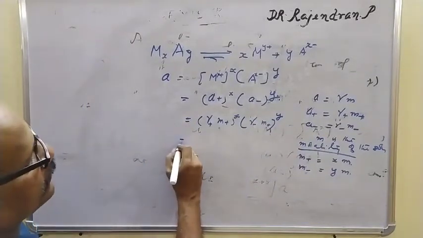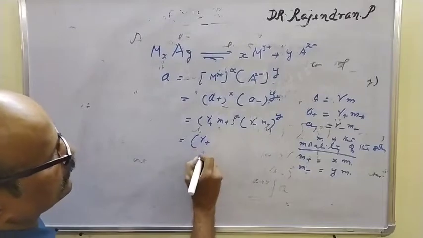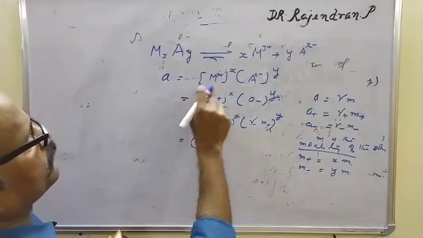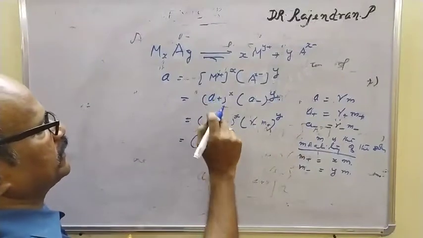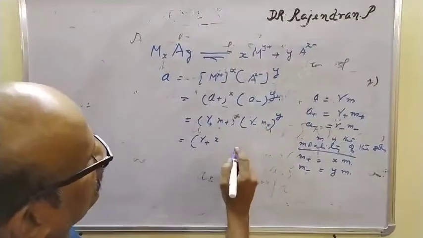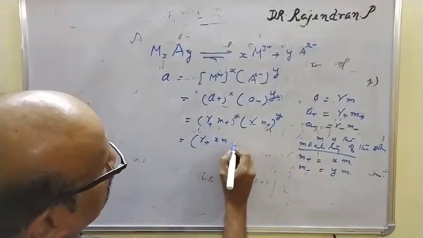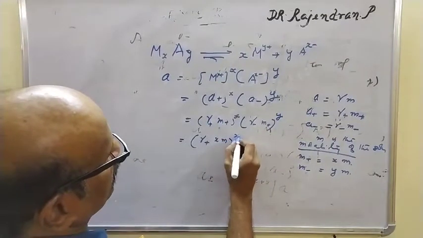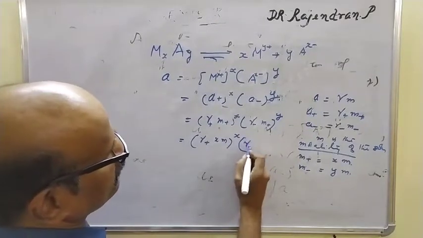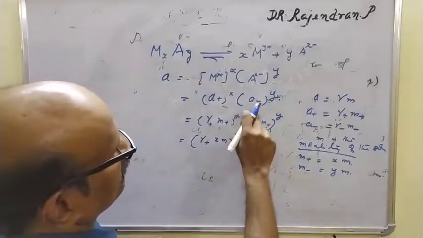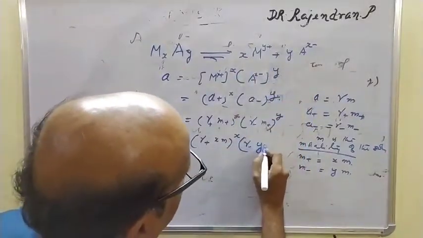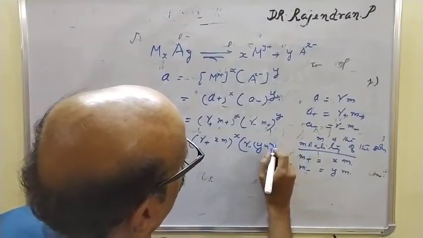So this can be written as gamma plus into x m, because a plus is split into x ions, raised to x, into gamma minus into y m raised to y.